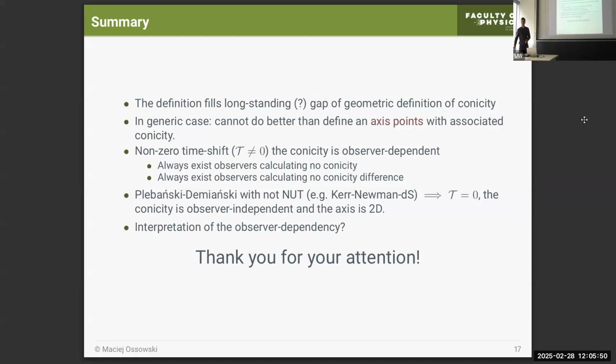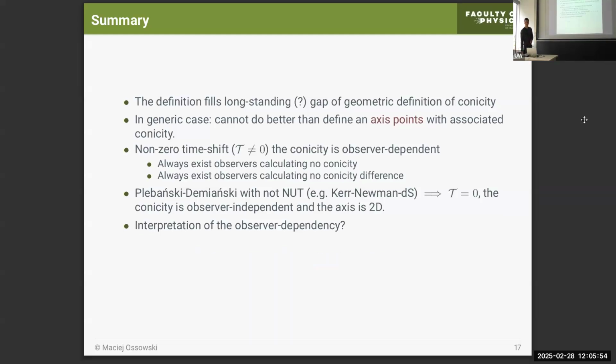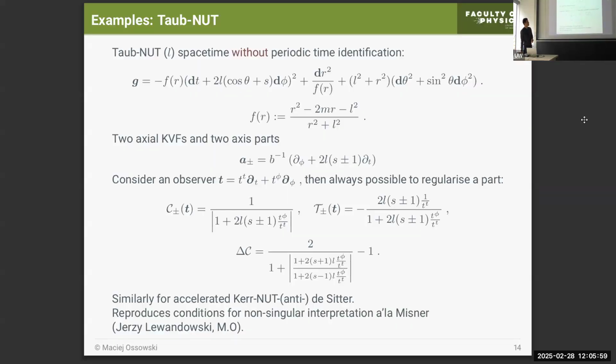I have a question related to the Plebański-Demiański solution. Another parameter which was not discussed here corresponds to the so-called dual mass. There is something which is called dual spatial momentum. This is roughly a dipole parameter, whatever it means.